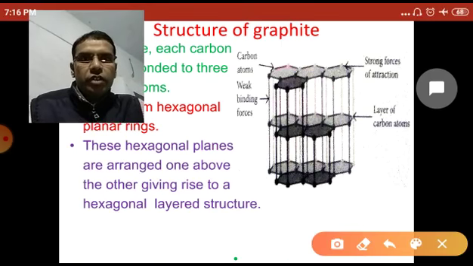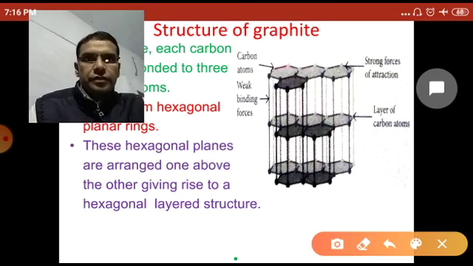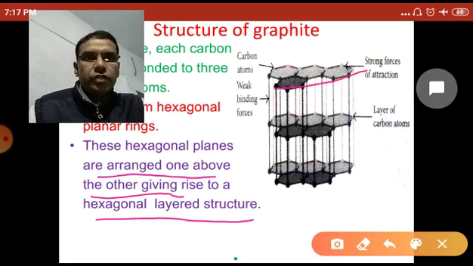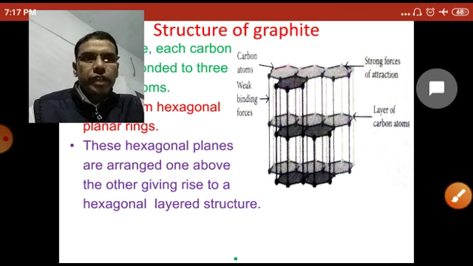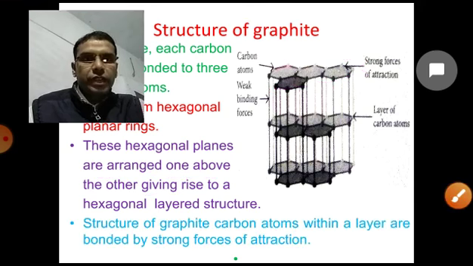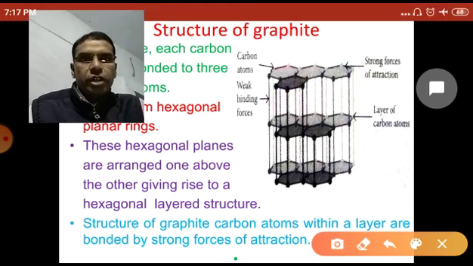Now these hexagonal planes are arranged one above the other, giving rise to a hexagonal layer structure. This forms a hexagonal layer structure, and this one is also a hexagonal layer structure. In the structure of graphite, carbon atoms within a layer are bonded by a strong force of attraction.